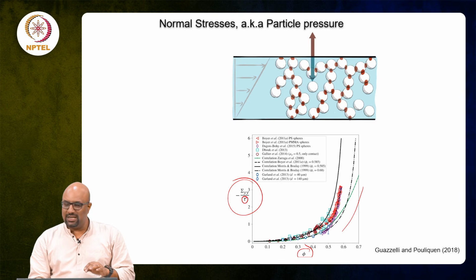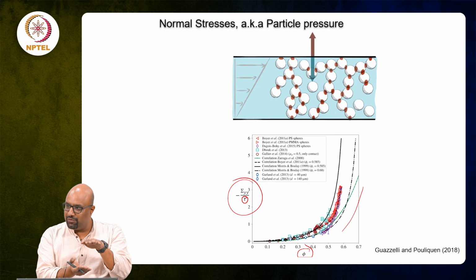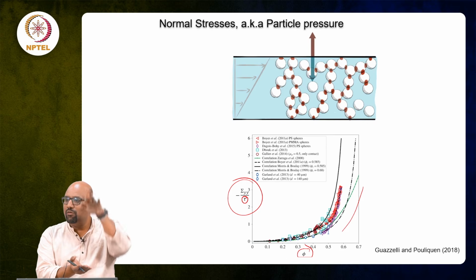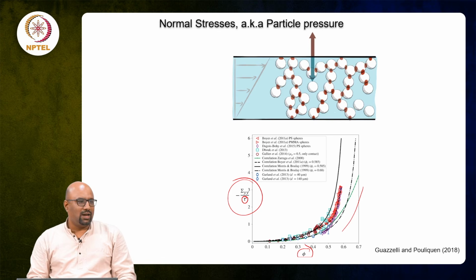So, you can do this experiment either as a shear imposed rheology experiment or as a pressure imposed rheology experiment, where you have a porous top surface, you hold it fixed, not let it move, and then do the measurement, or you let it move up and down based on whatever is the particle pressure.